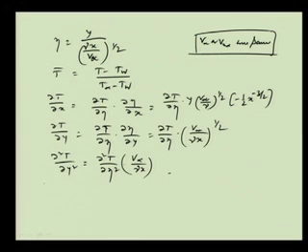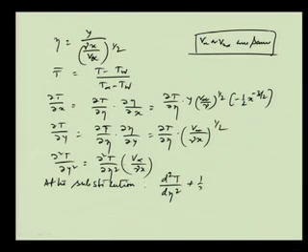So, finally, after substitution, we get d²T̄/dη² plus half into Prandtl into f, that we already defined in the last lecture, dT̄/dη equals 0.